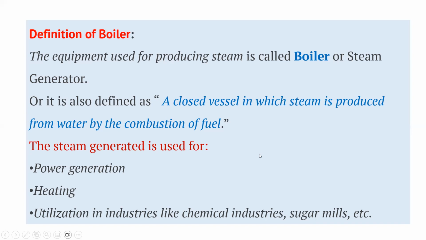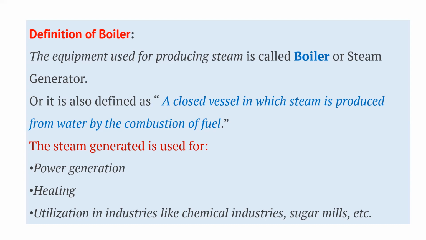Right. Okay. At first, we need to know what is meant by boiler. In our daily life, we come across the word many times, the equipment for producing steam, right? In our house also, we have a water heater.